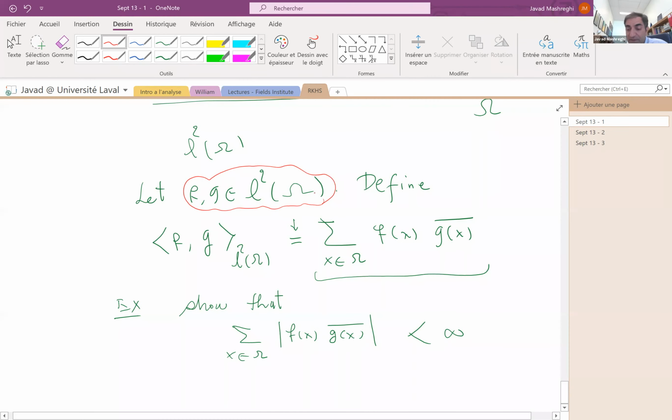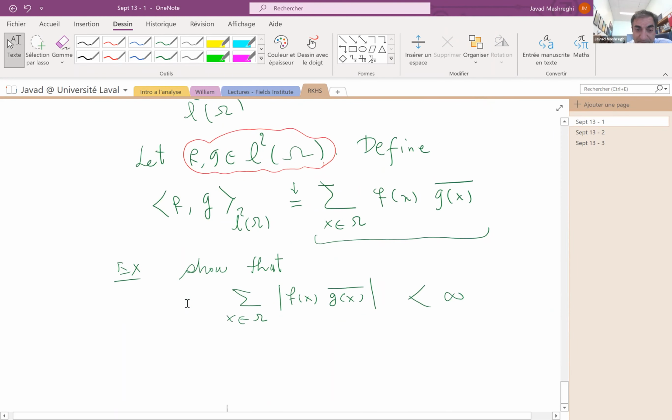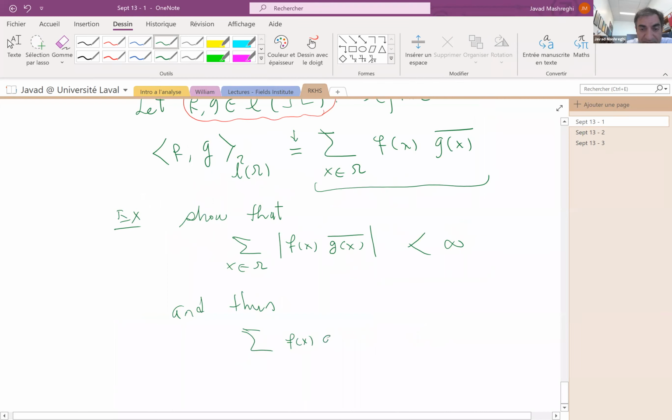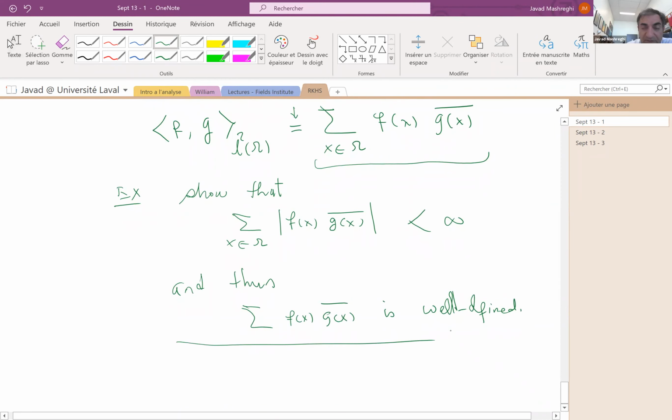So everything is in good shape. And thus, the sum of f of x, g of x bar is well defined. Up to here, it covers the definition of inner product in L2.